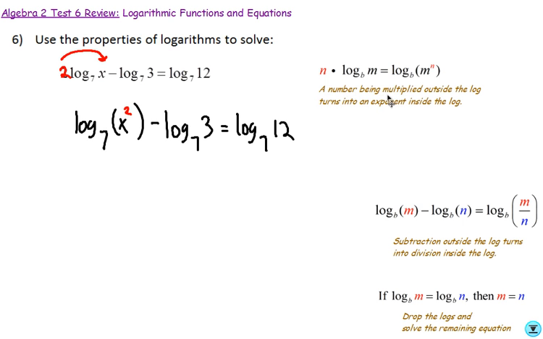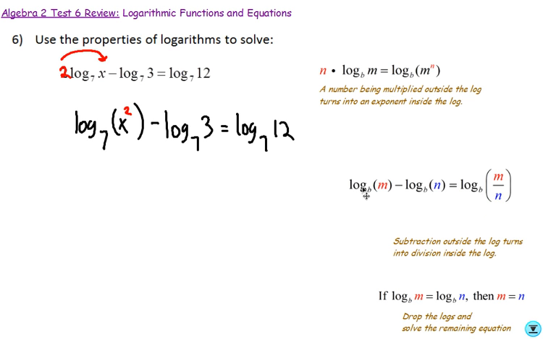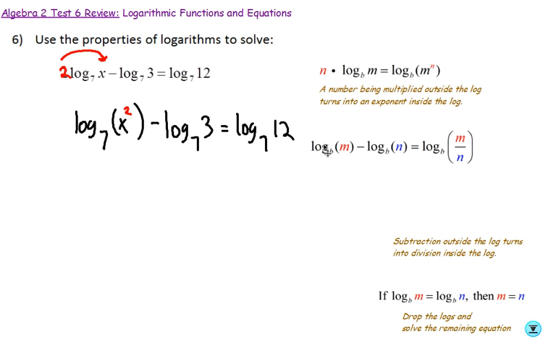And now let's get to combining those two logs together. So there's these two logs. I want to be able to combine these two logs. There's another log property that says if you want to put two logs together and they're being subtracted, then that subtraction turns into division.